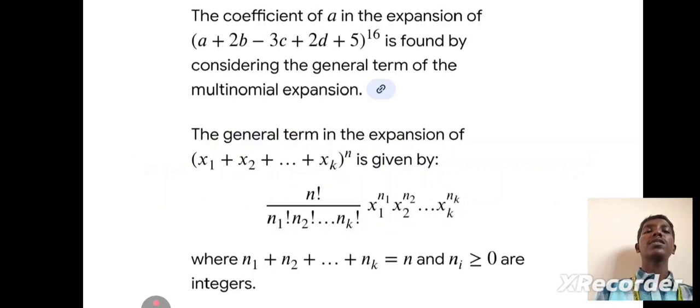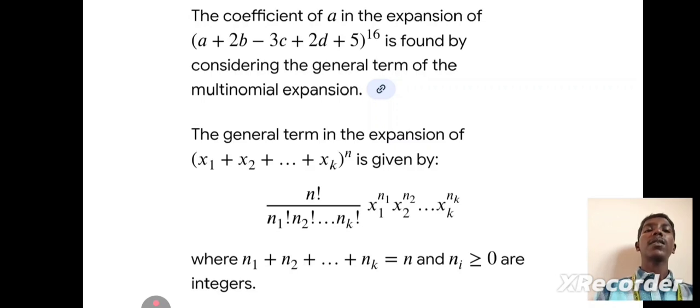The coefficient in the expansion of (a + 2b - 3c + 2d + 5) whole power 16 is found by considering the general term of the multinomial expansion.